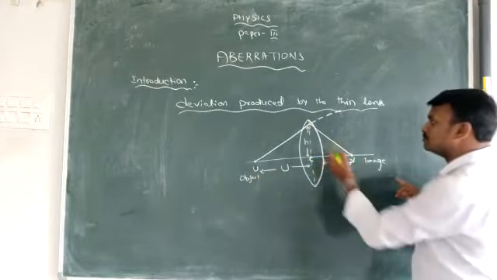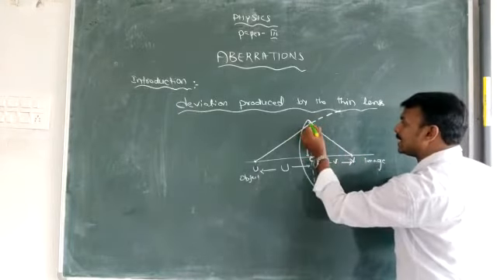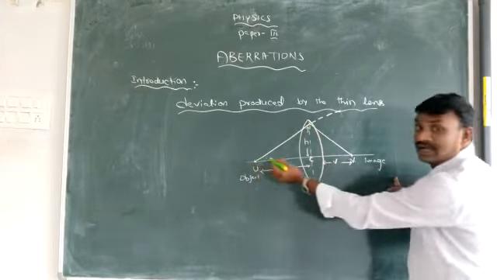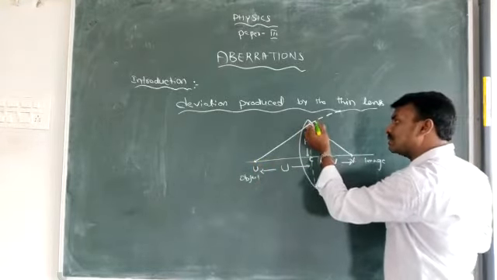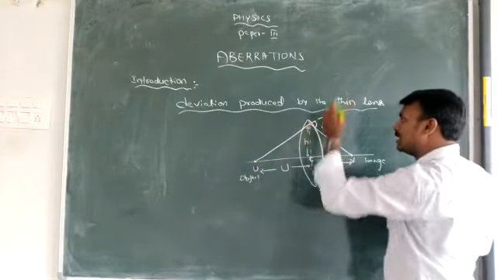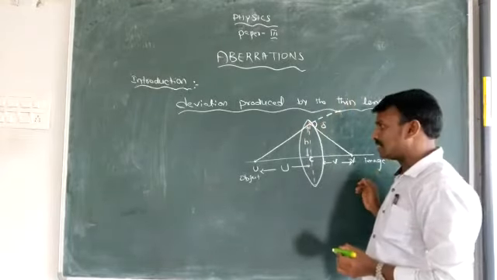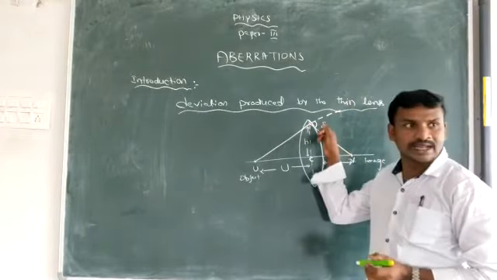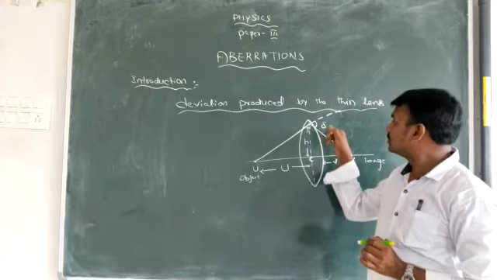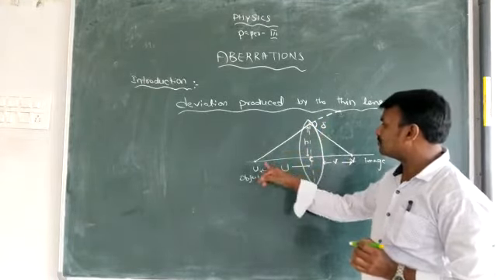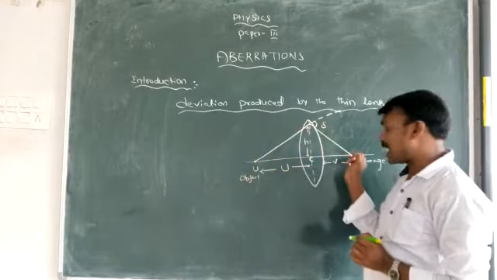In this diagram, the incident angle and refraction angle form the deviation angle, which is denoted by delta. What is the deviation angle? It is defined as the angle between the incident ray and the refracted ray.